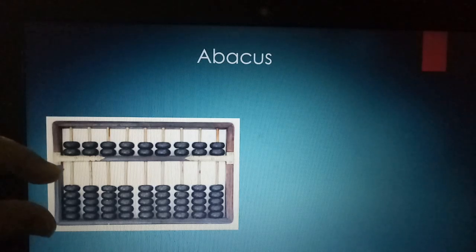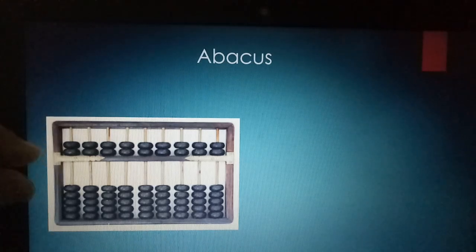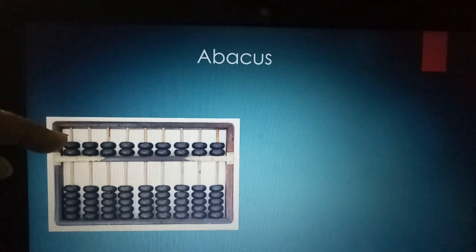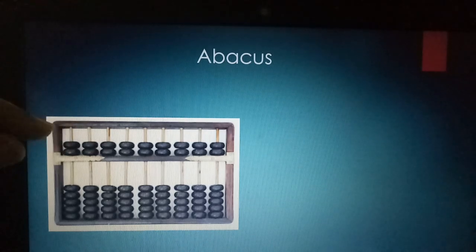So there are 5 bits each carrying 1. And over here 2 bits which carry 5 and 5, that is 10. And over here 5, it becomes 15. Each rod has 15 in total. So they used this device for calculation.